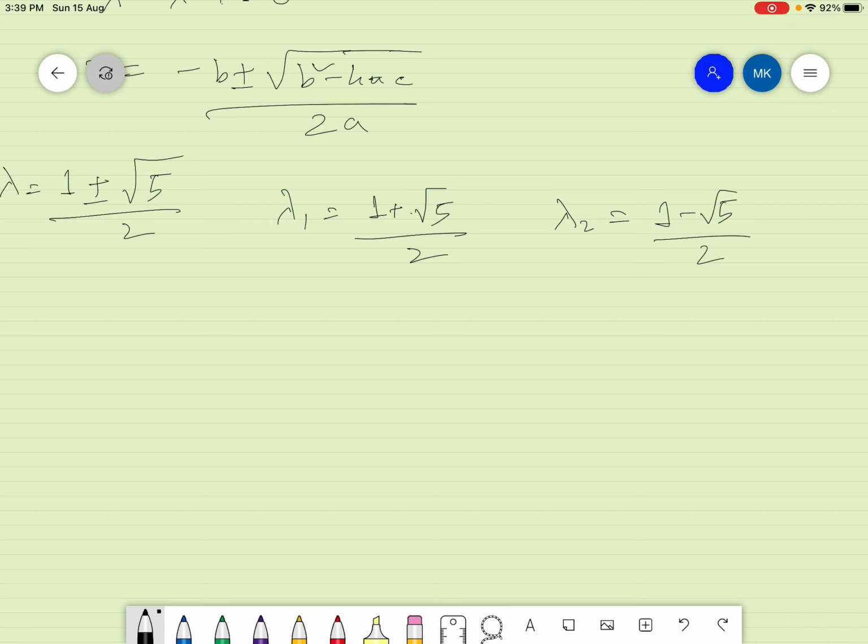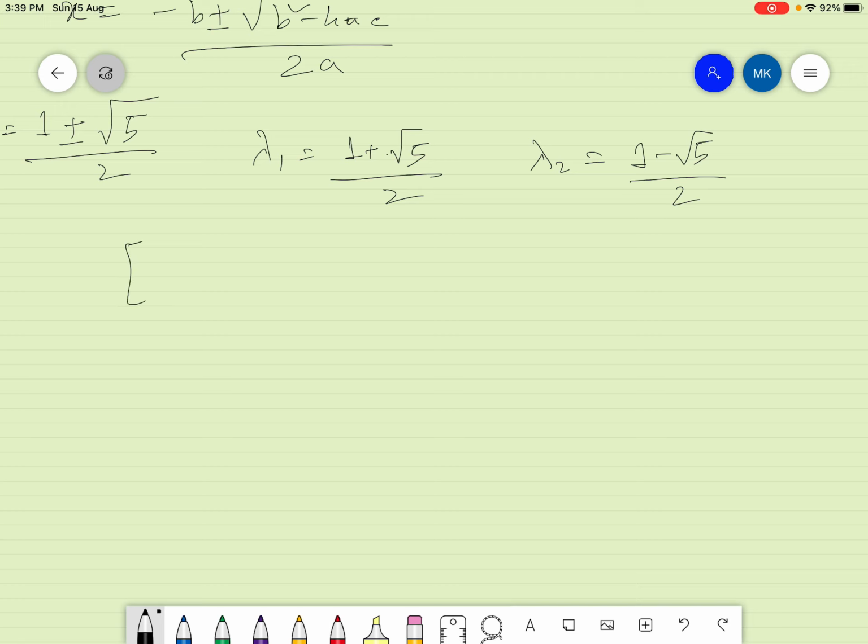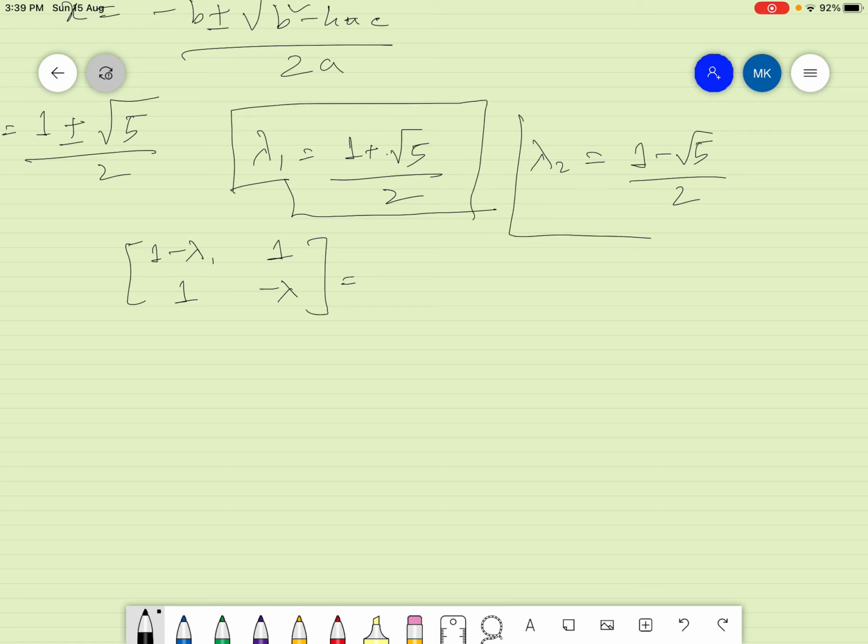So to find the eigenvectors, we have A minus lambda I. Okay, let's not work with the fractional values, because these two things would have fractional values, so we want to avoid that.